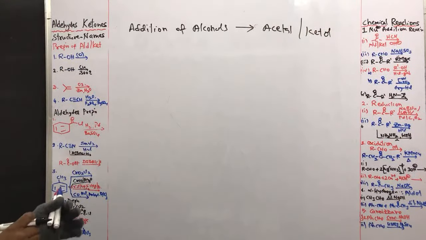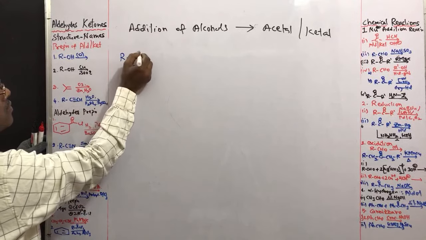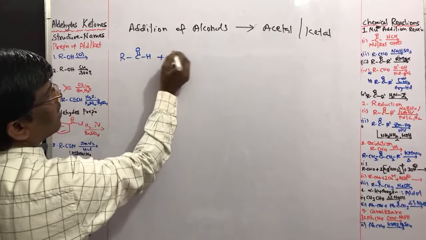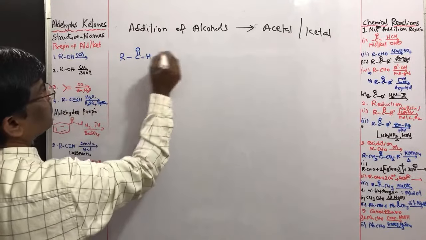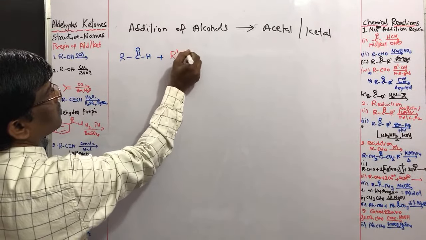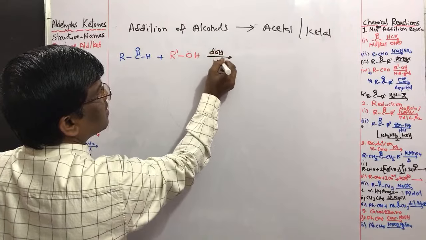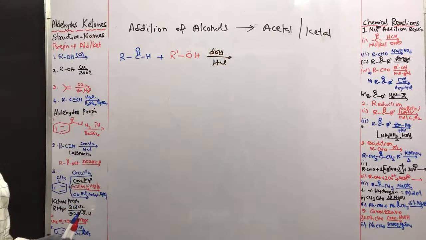Let us take one by one. So if I take aldehyde and when I add alcohol in presence of dry HCl gas, we can generate dry HCl gas, right?